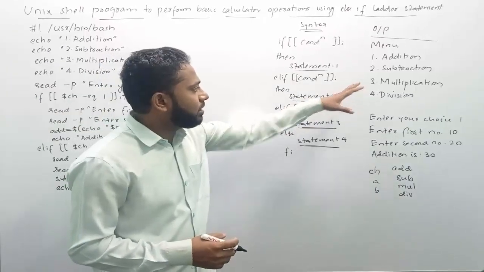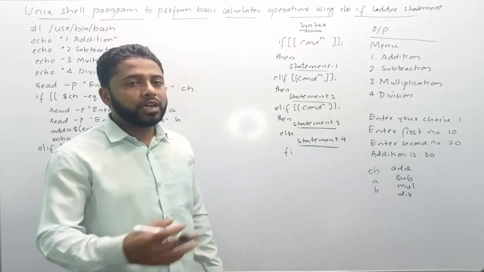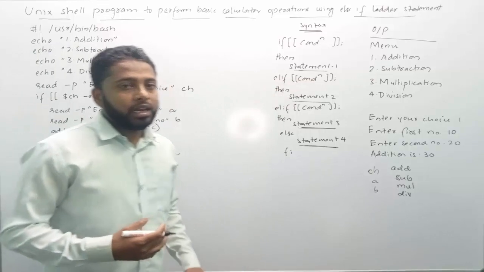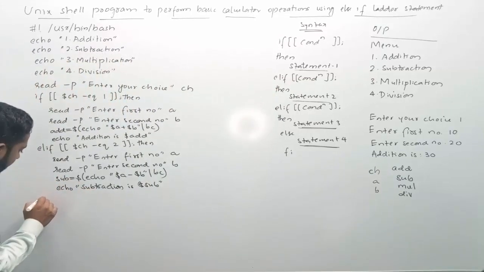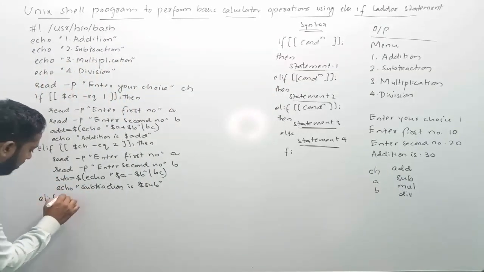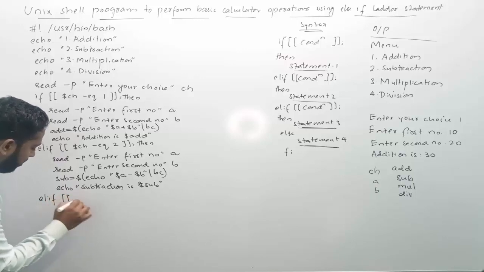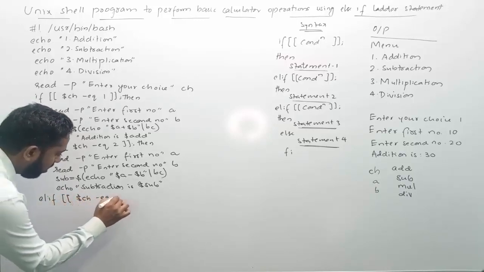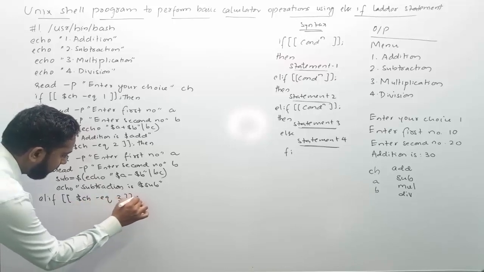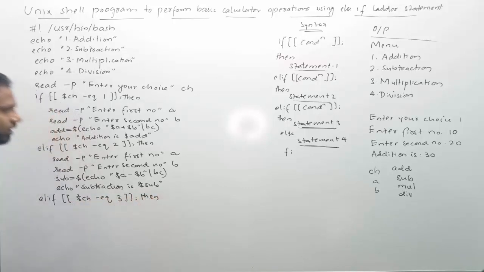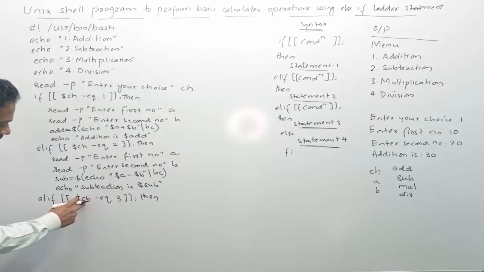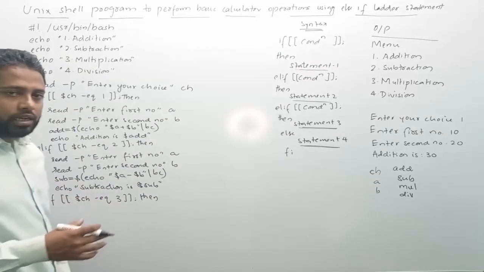Similarly I need to use one more elif. What if the user enters 3? That means the user wants to perform multiplication. So I need to move the control to the elif block. elif [ $ch = 3 ]; then. Now the user entered 3, so 3 gets stored inside ch. So 3 is equal to 3. Yes, now this condition becomes true.